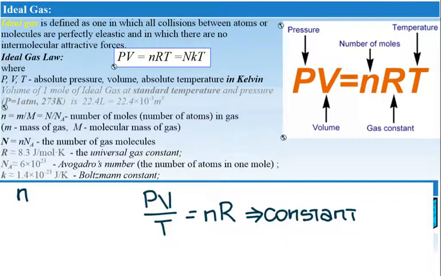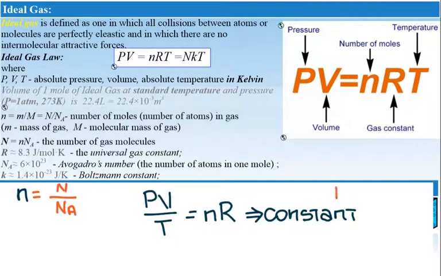So Avogadro's number is how many gas molecules are in 1 mole. So n is equal to the number of gas molecules divided by Avogadro's number.